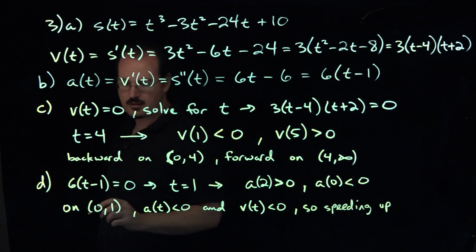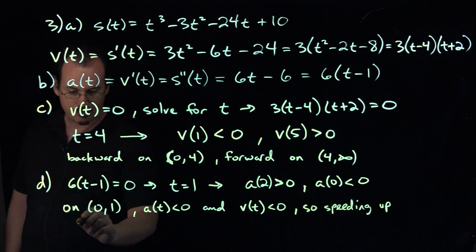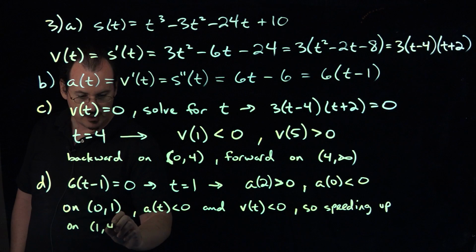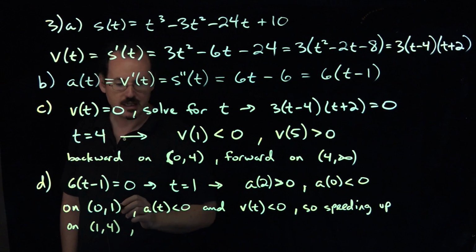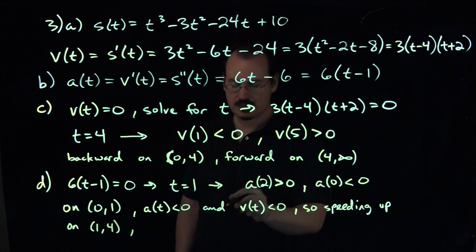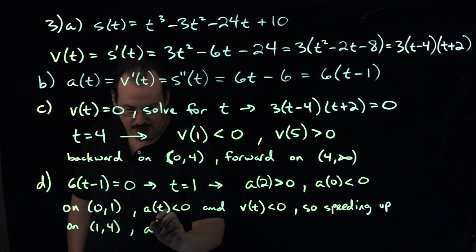And then let's check the other time interval, from 1 to 4, because we already checked from 0 to 1. From 1 to 4, let's see what signs we have. After 1, we found that the acceleration was positive, so a of t is positive.